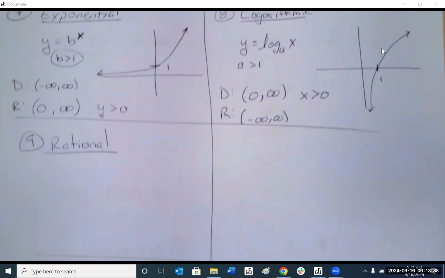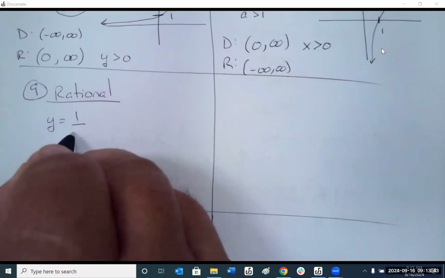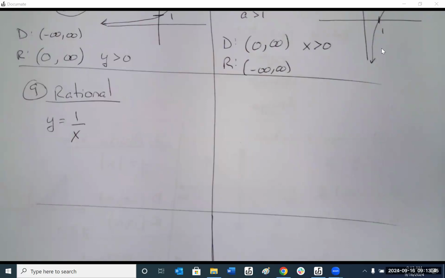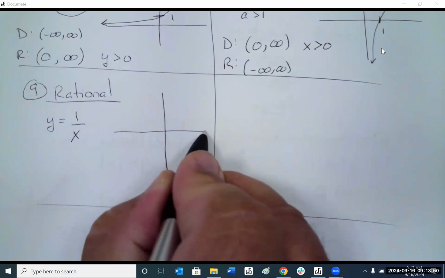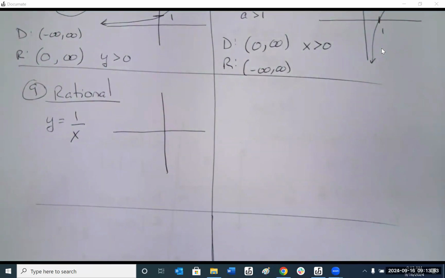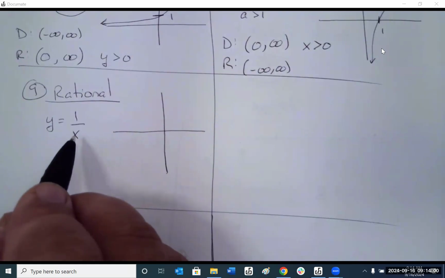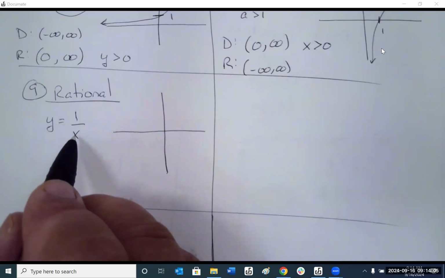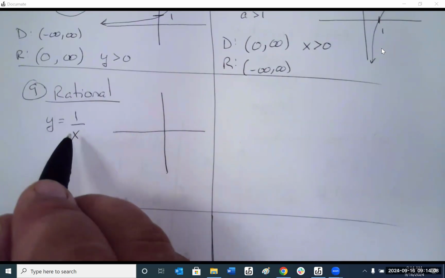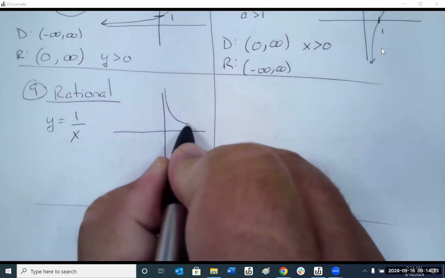Now we have a rational function. Rational means fraction. So here's the concept. The bigger X becomes, the smaller this number becomes. Or 1/10, 1/100th, 1/1000th. So the bigger X becomes, the smaller it becomes. So it looks like this.